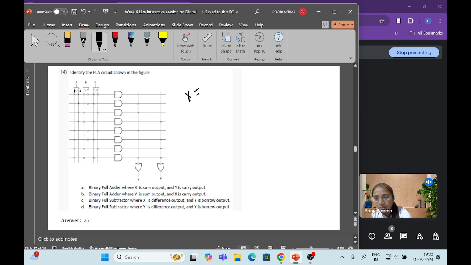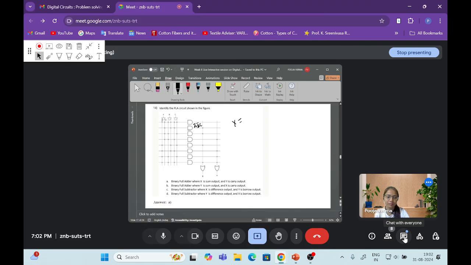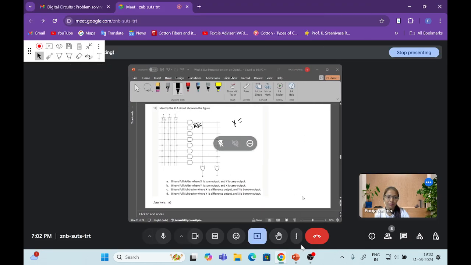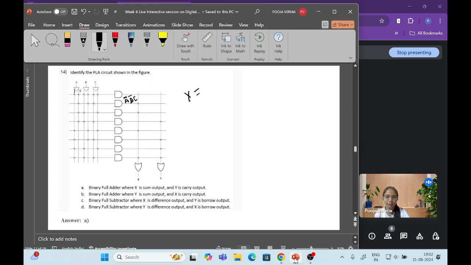So this is A dash, then B dash, and this one is C. A dash, B dash, C. Yes, sum of product form.